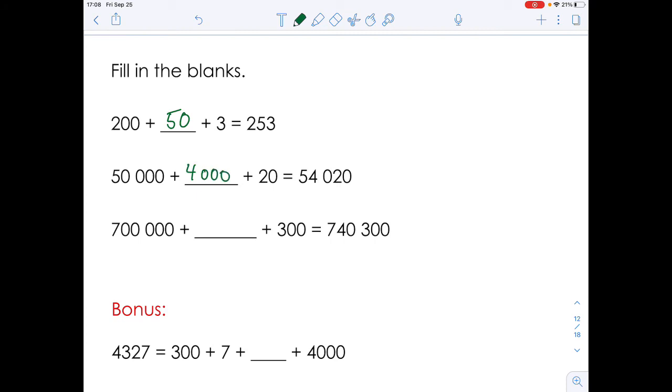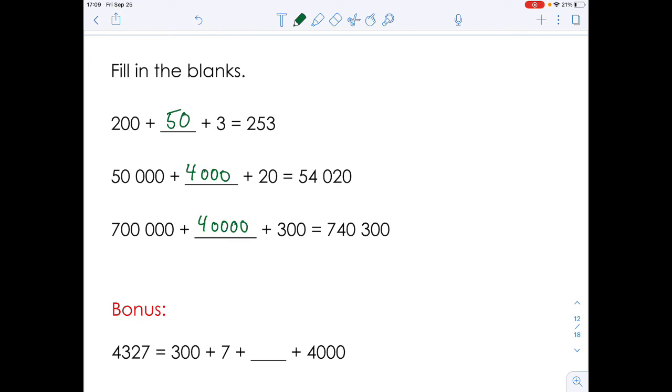You can even use a calculator to double check your work. If you add these numbers, does it lead to the answer? Here we're missing a 4, and the 4 is worth 40,000. Okay, so that looks like that.